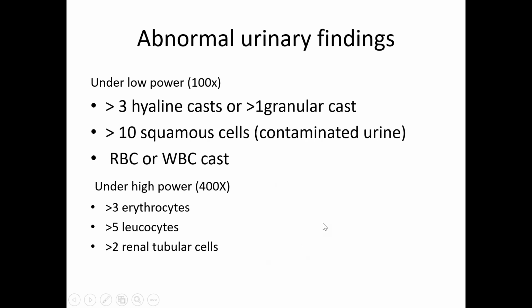More than 3 RBCs, which are dysmorphic, more than 5 WBCs, and renal tubular casts are abnormal.